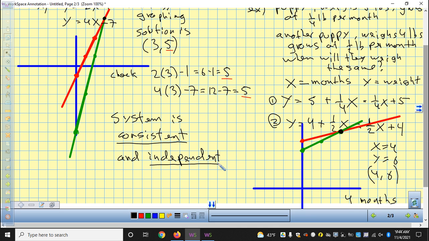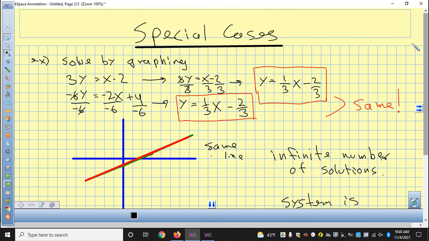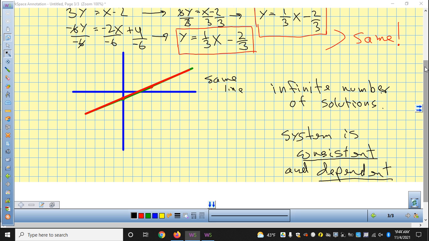And you will get questions that say, is the system dependent or independent? So we'll ask you about these things. So this is our first special case. An infinite number of solutions. It's the same line. Two lines right on top of each other, the same line. And we say it's consistent and dependent.